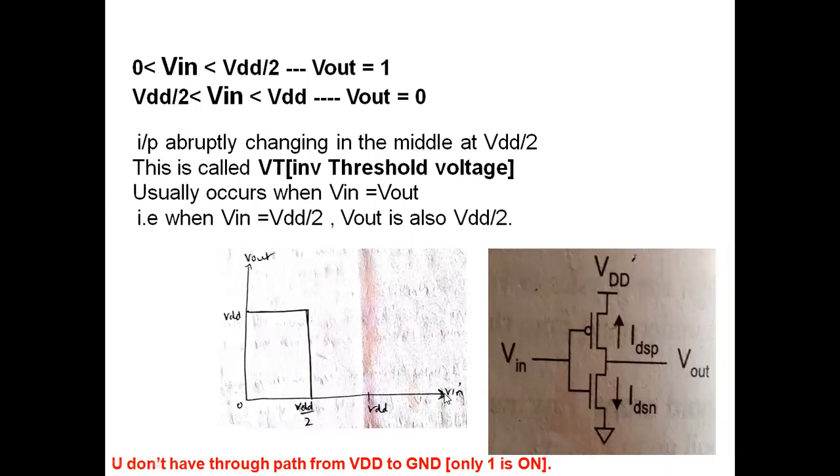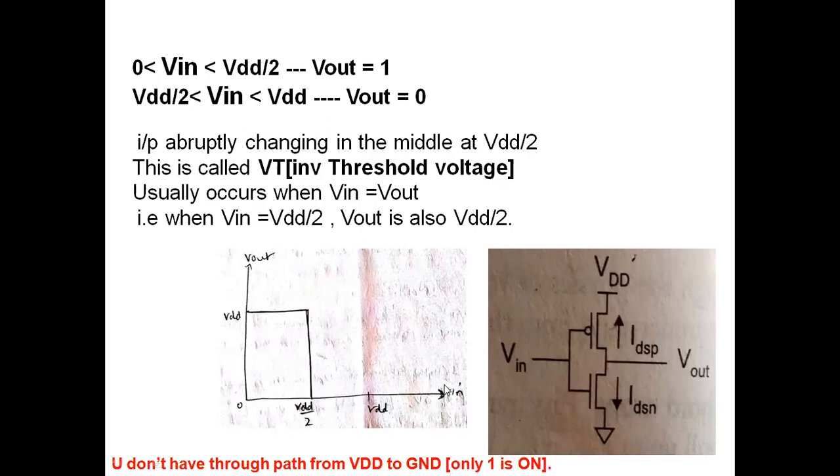Similarly, here when input is 5 volts, output is 0, right? So here if V is lying between 0 to VDD by 2, taking VDD of 5 volts, 5 divided by 2 equals 2.5 volts. So when our input voltage here is between 0 and 2.5 volts, what is the output?